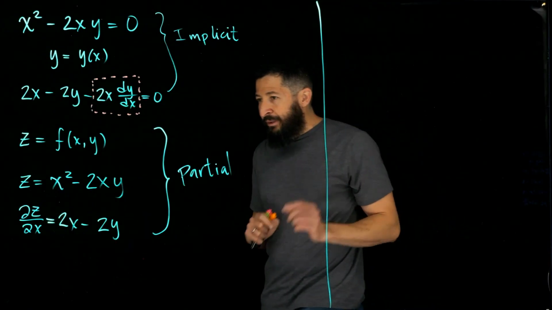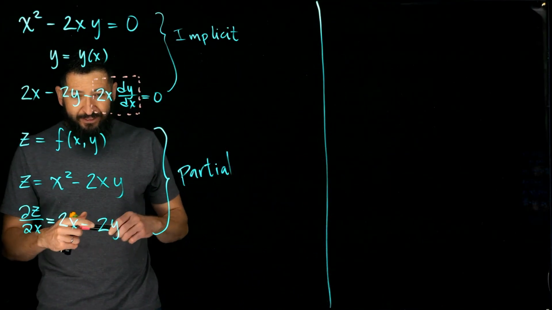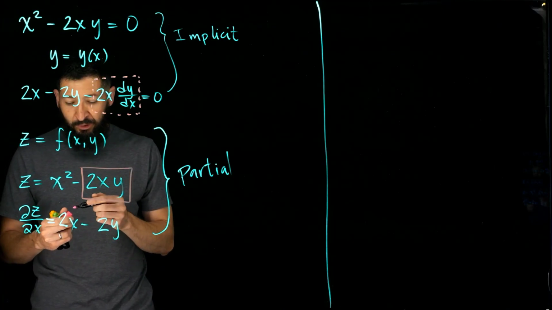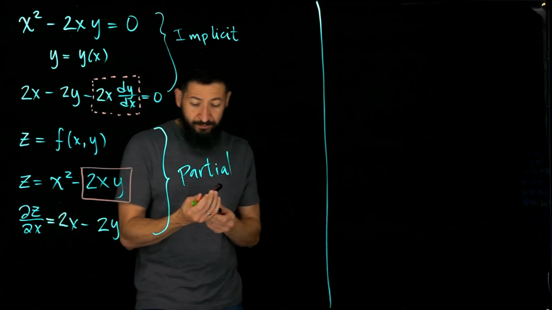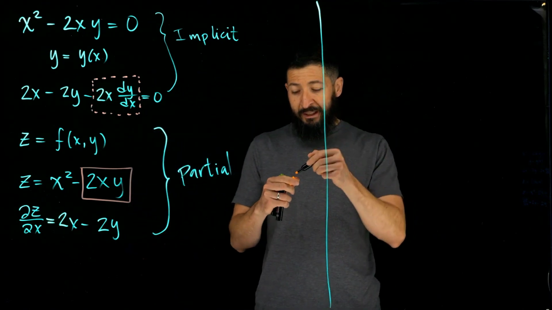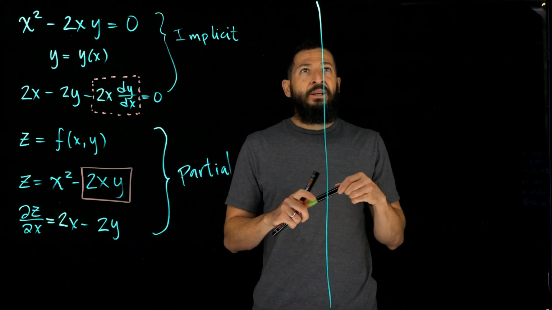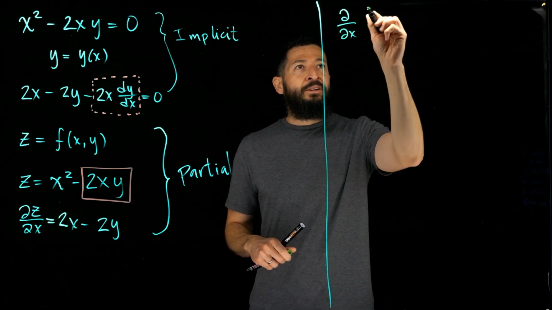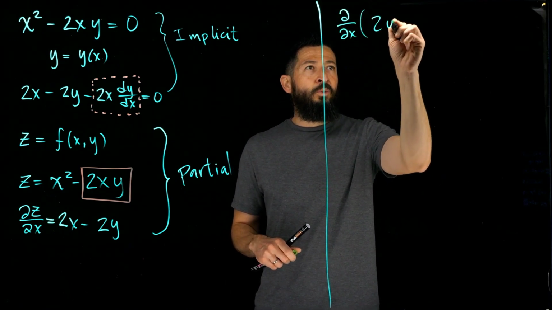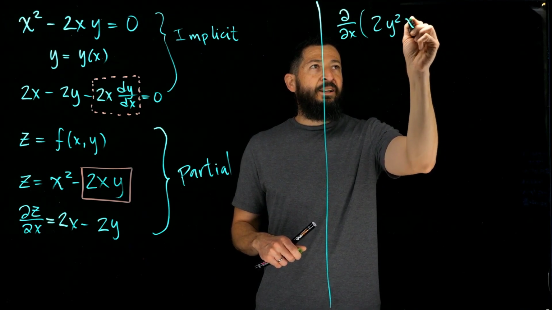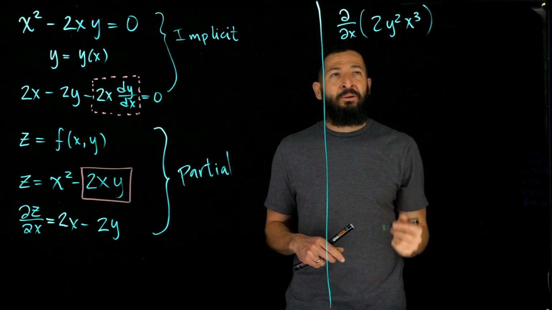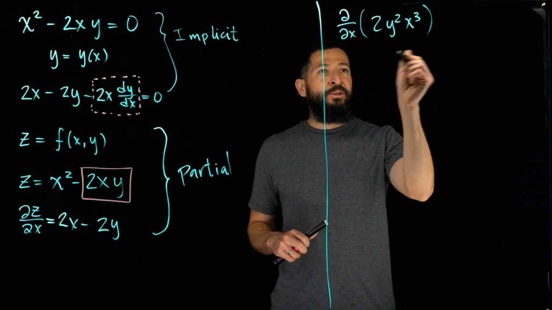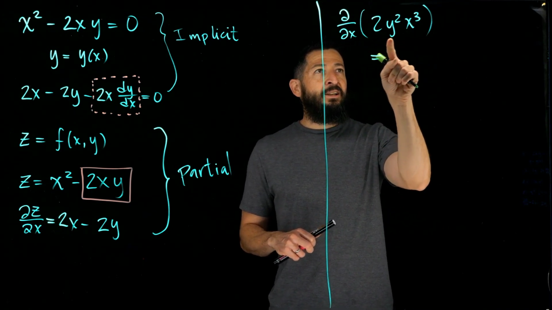One more comment. A lot of people have issues whenever you have a product like this, whenever you're computing a partial with respect to one of them. So let's do one quick example. If you're taking the partial derivative with respect to x of a term that has 2y squared x cubed, not in the right order, but it's okay. When you're taking the partial with respect to x, you take this whole thing.